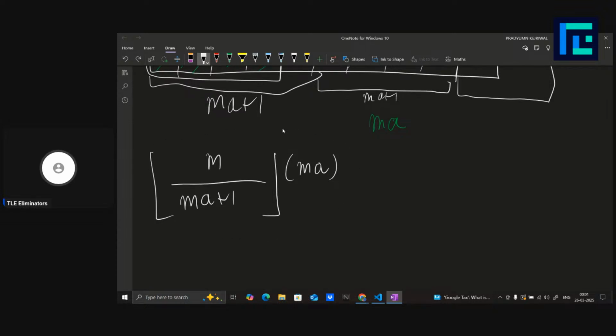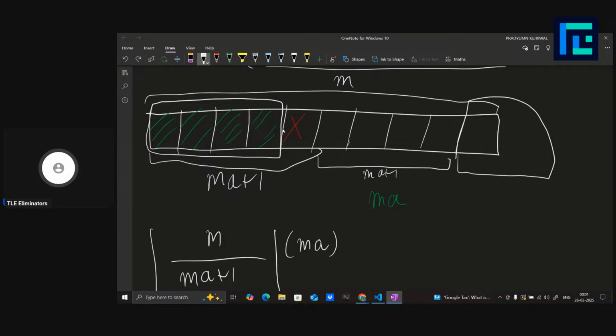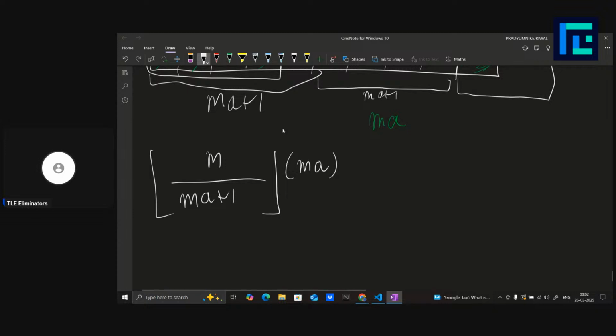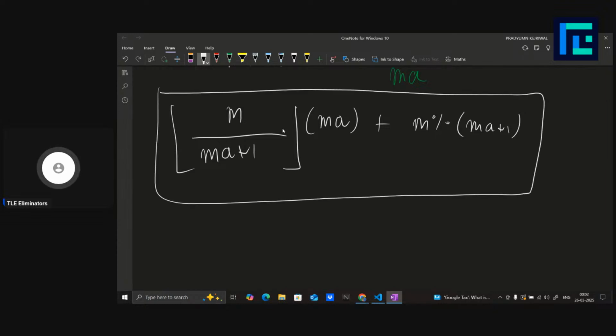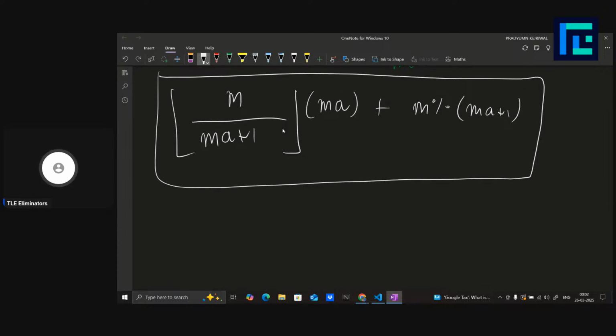And then in the end, whatever the remaining cells are, you can color them as well, right? So you will add m modulo (ma plus 1). This is the number of people that you can sit in one row, right?